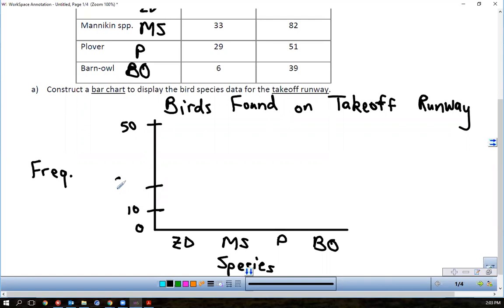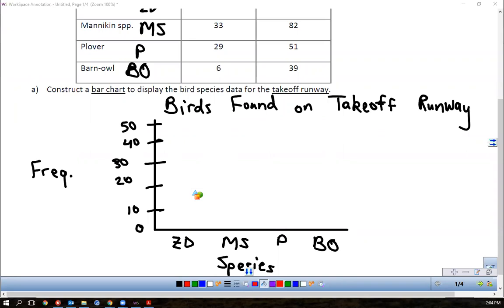10, 20, 30, 40. Close enough. Okay, and then we go and we actually draw our shapes in here, or draw our bars.